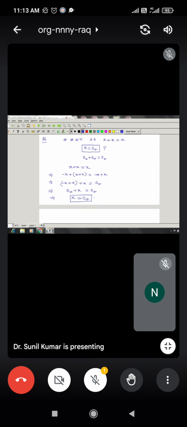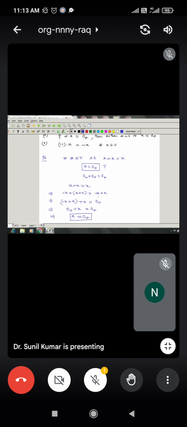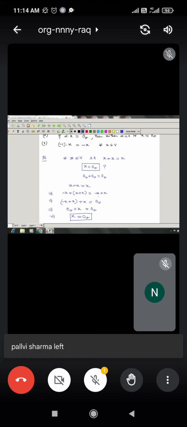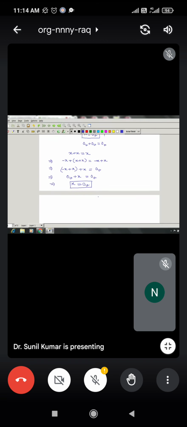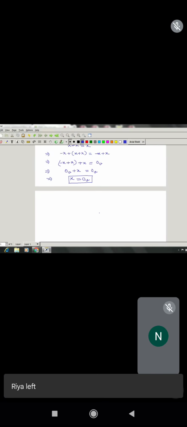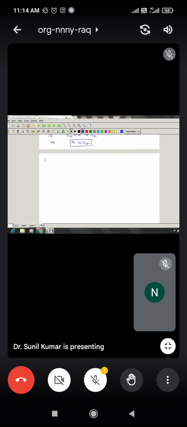Take 10 seconds to quickly revise this part. So now, what is the first part? Now we prove the first part: alpha dot 0v equal to 0v.